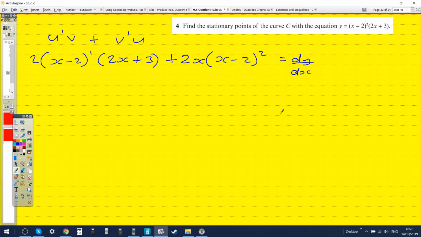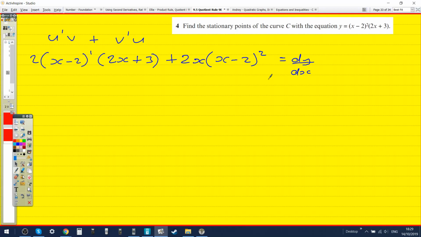And how do we find stationary points? No, that would be to verify that something is a stationary point. We have to actually find them first. So what do you know about the gradient?